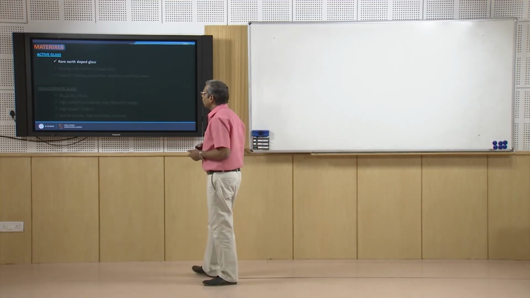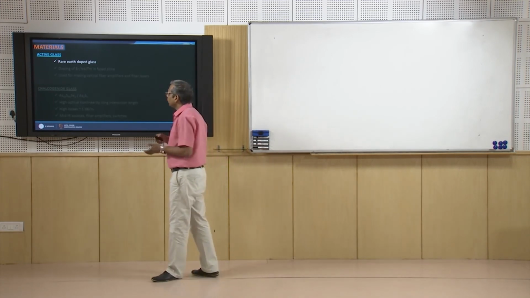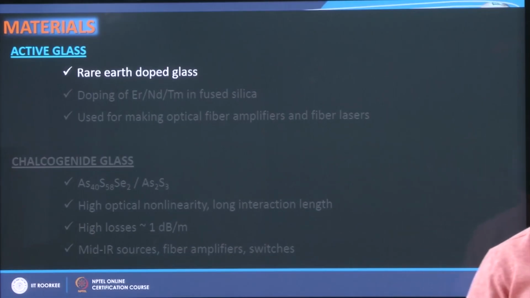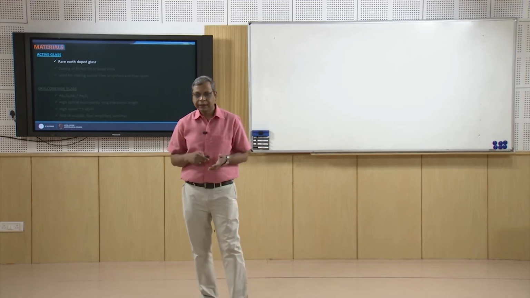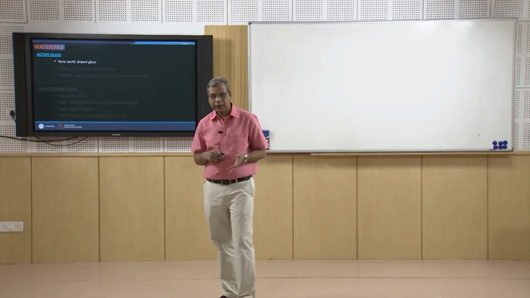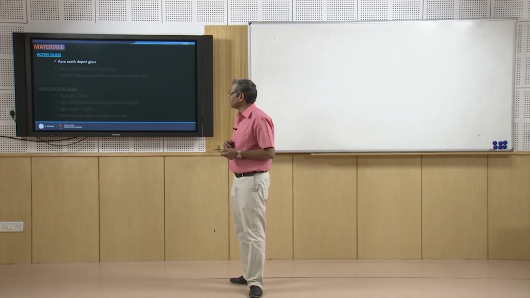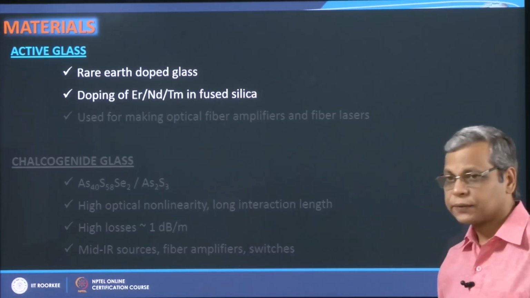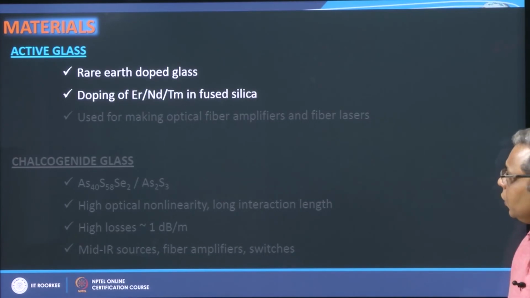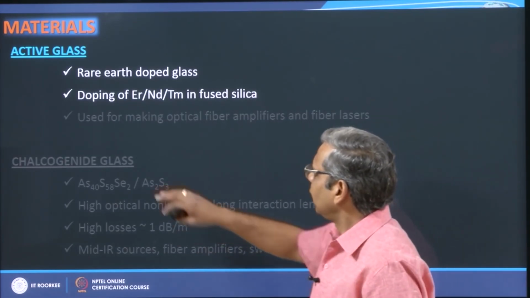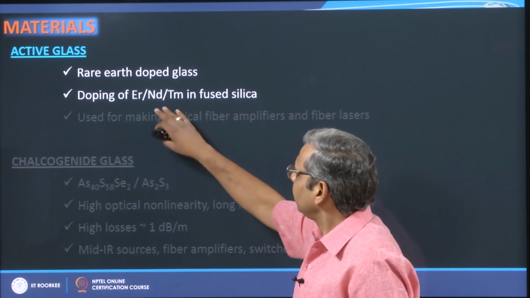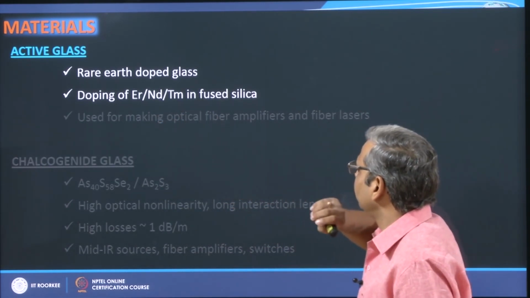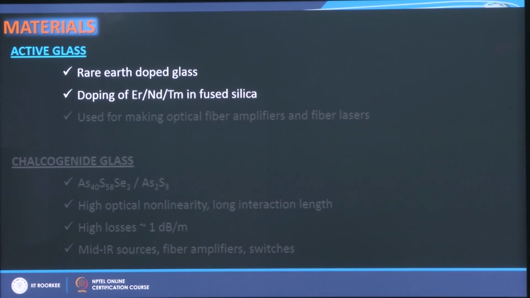Here you will have around 1.45, and here you have 1.44 for example. It is not possible to start with something which is on a micron scale. So what we do is first make a large structure which contains this geometry and refractive index distribution.